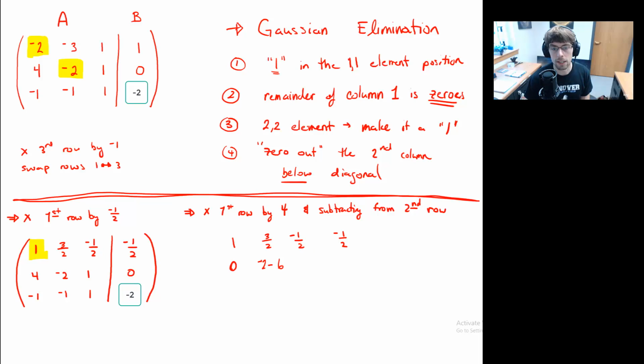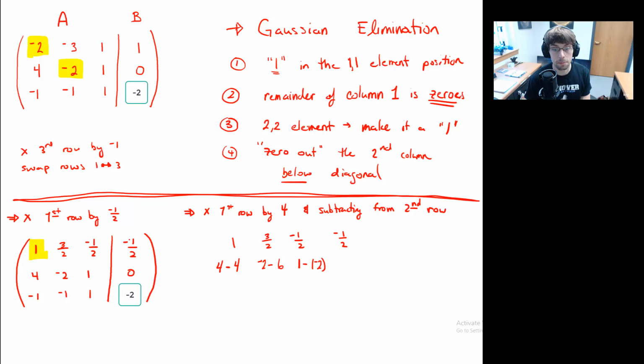How about the third one? -1/2 times 4 gives me -2. And so I have 1 minus a -2. Right? 1 times 4, 4 minus 4. Maybe I should write it like this instead so we can see explicitly.